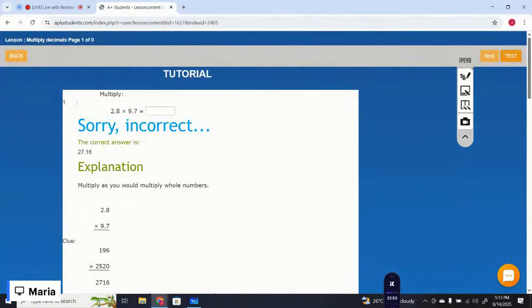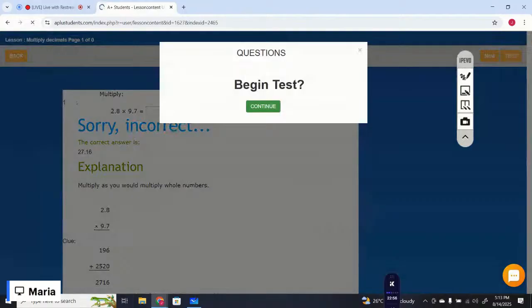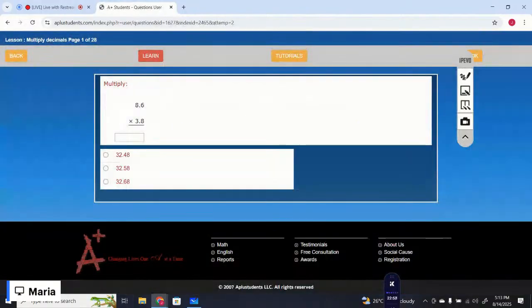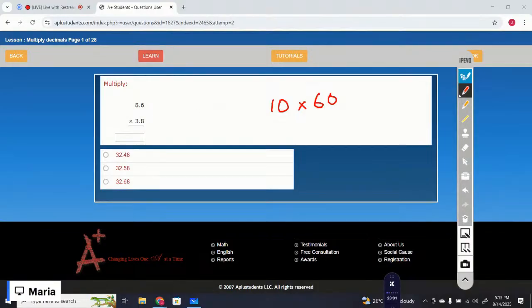Basically, we need to multiply them without the decimal point, like we do in the long multiplication method. Let's just start with the first example. 8.6 times 3.8. So let's just learn one thing first.